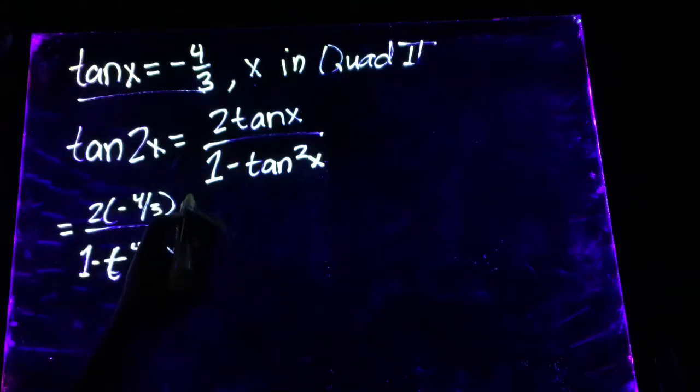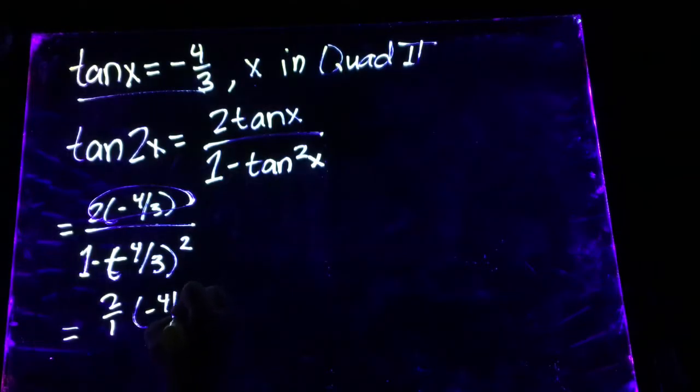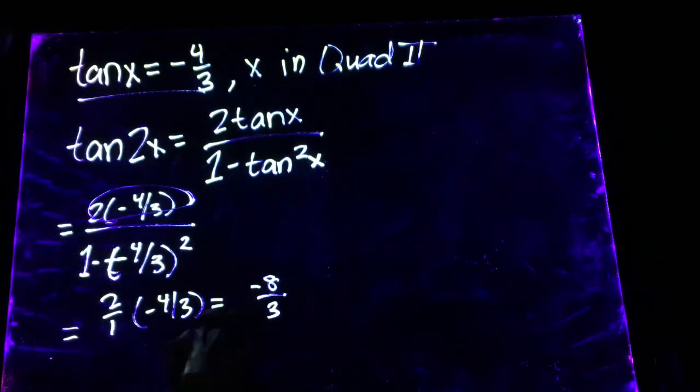I'm going to go ahead and do this multiplication right here. So that is equivalent to 2 over 1 times negative 4/3, and that equals negative 8/3, because you multiply across the top and you multiply across the denominator.